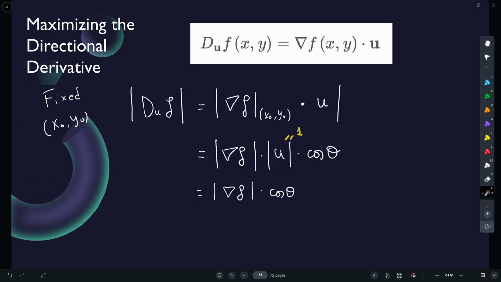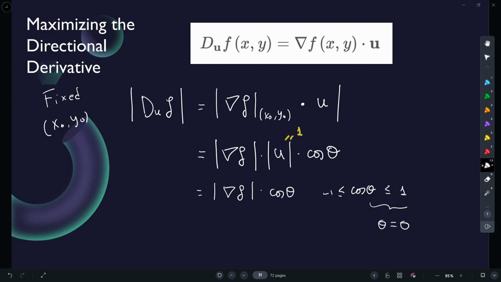So I want to make the cosine theta as big as possible, but the cosine theta can be between -1 and 1. So the largest possible value is when the cosine is 1, which is when theta is 0.